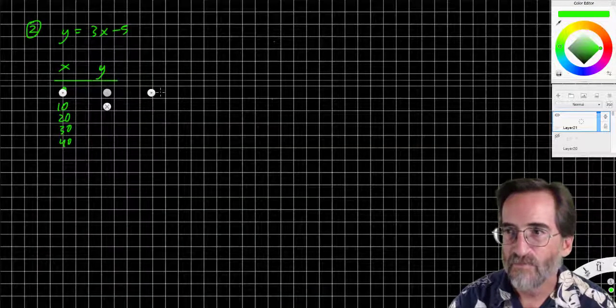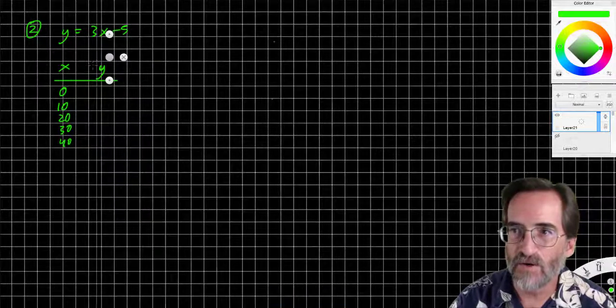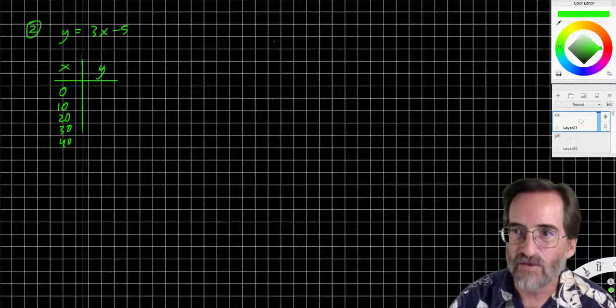You can do this in your head, you can do it on paper, you can make a 3-column table.